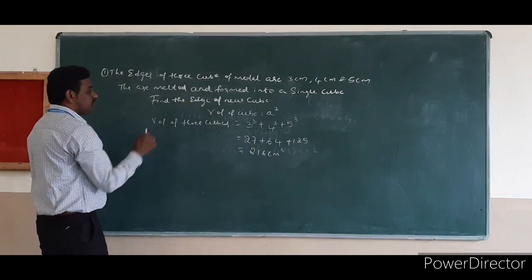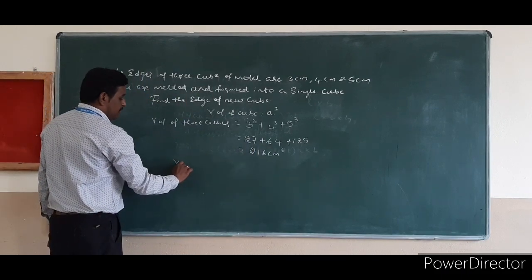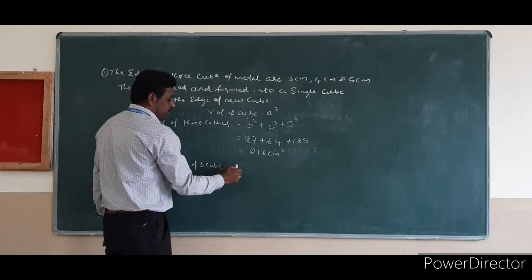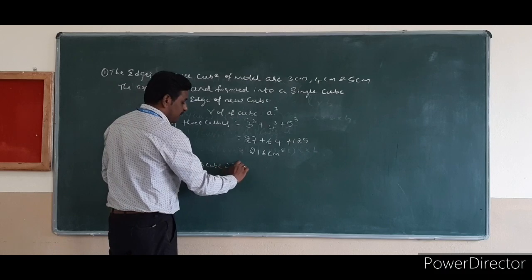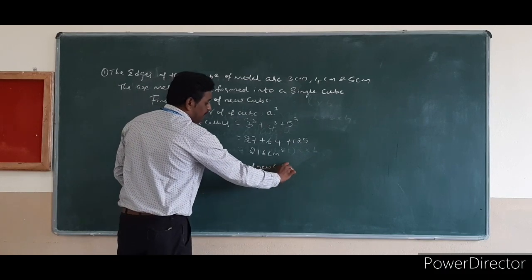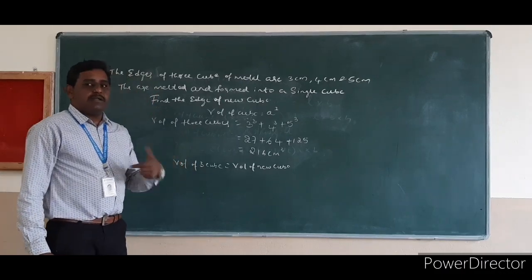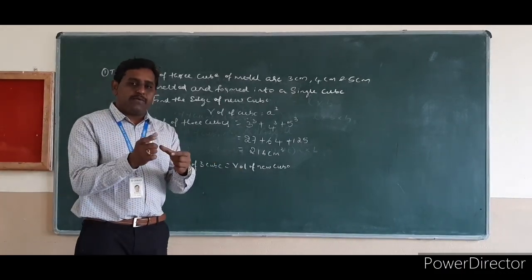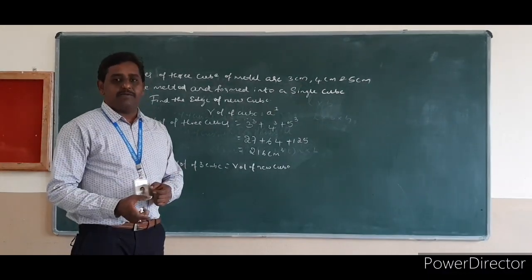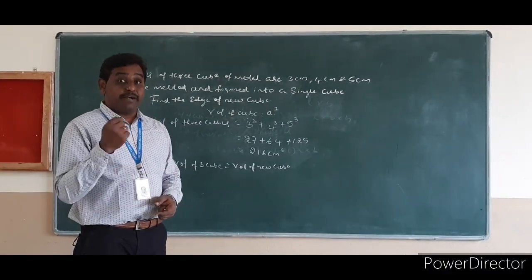Next step. The volume of the 3 cubes is converted into the volume of a new cube. If you add all 3 volumes of the cubes, they can be recast into another single cube. That cube's side we want to find.